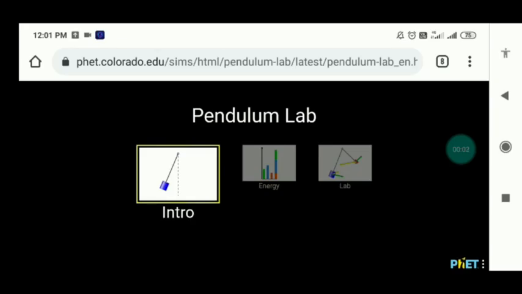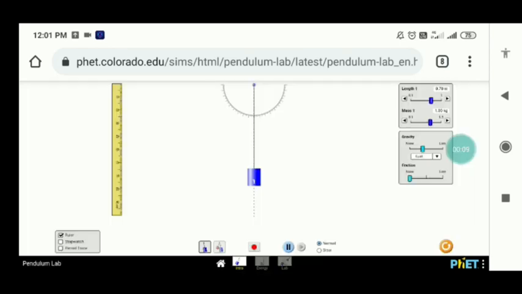You can open this from your mobile phones also. So click on the intro, then you can see all these parameters as I have shown on the laptop. So change the friction.